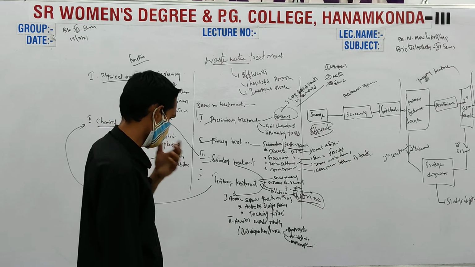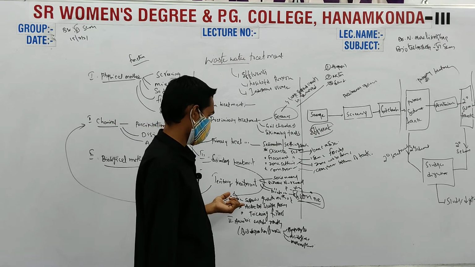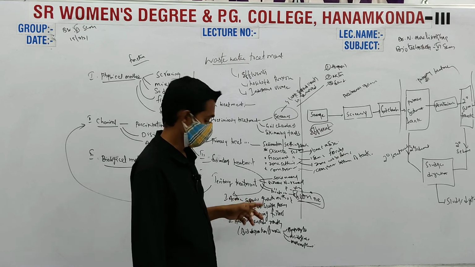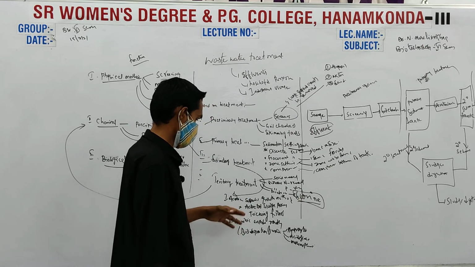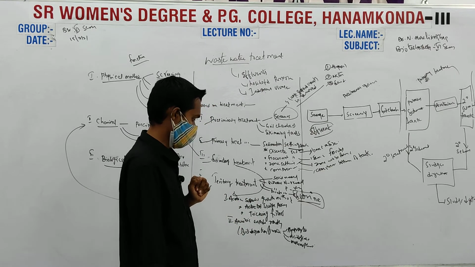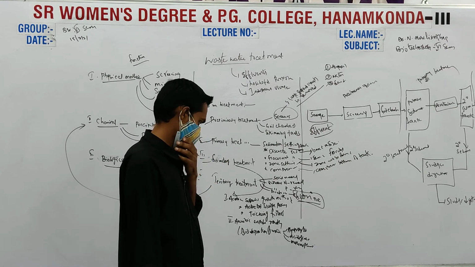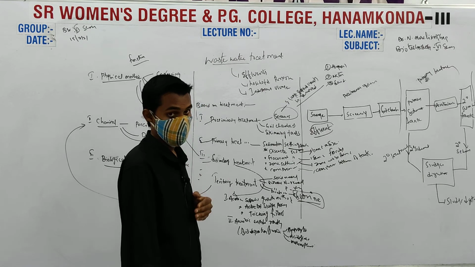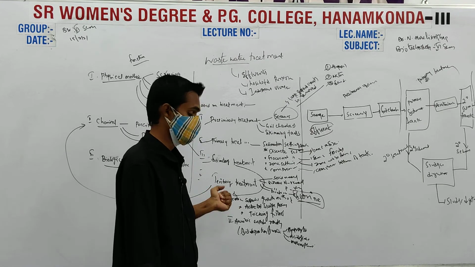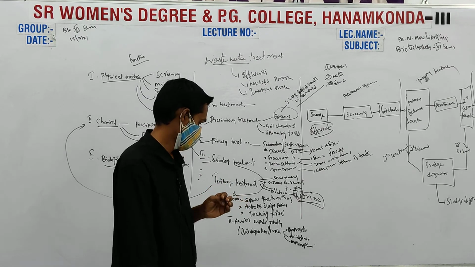Such treatment may use either the aerobic suspended growth method or the anaerobic suspended growth method. Aerobic includes the activated sludge process and trickling filters, where aeration and the process occur in aerobic conditions.